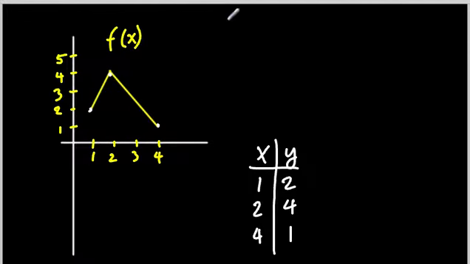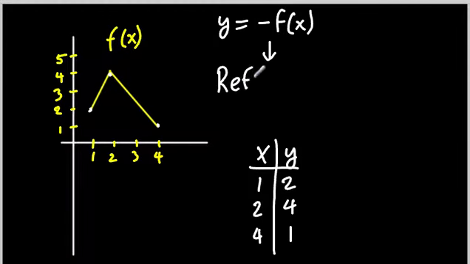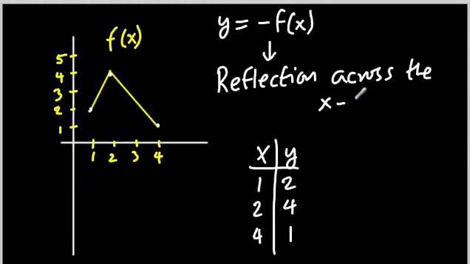So let's say, for example, I do a reflection across the x-axis. So let's say I write y equals, so here's f of x, and I do a transformation. This is the transformed function, equals -f of x. Well, first of all, if I ask you to describe this transformation, you're going to write simply a reflection across the x-axis.